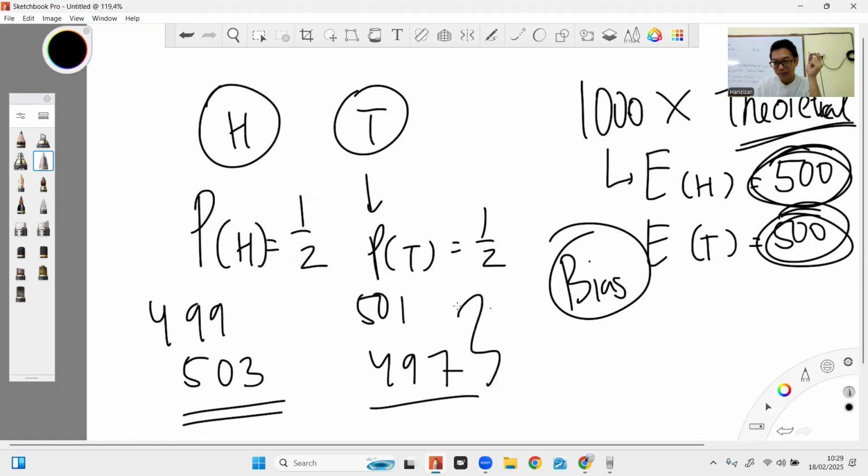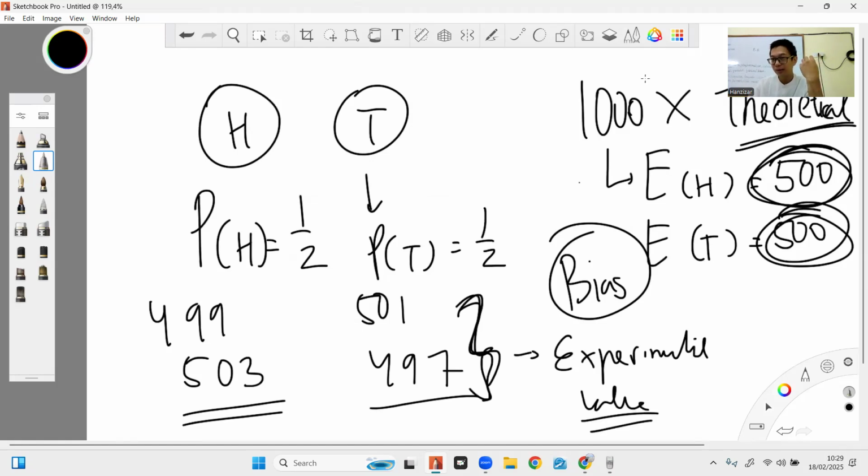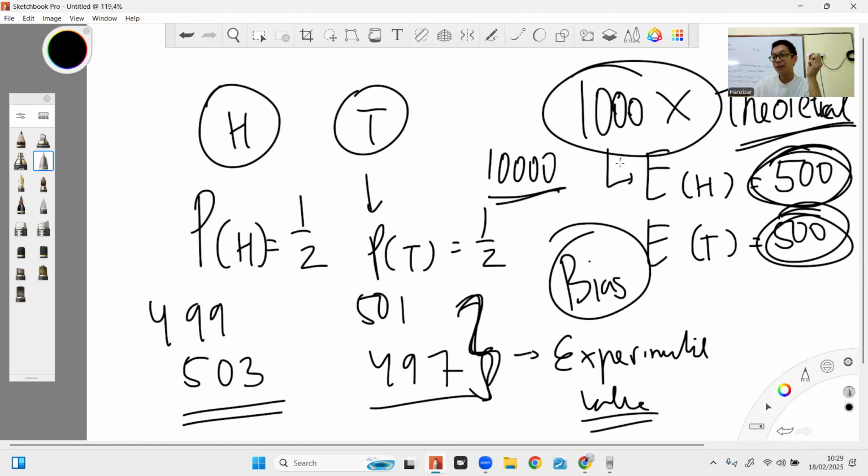The second, with the random number but near to the theoretical value, is called an experimental value. But the more you do, if I increase the total tossing times to 10,000, the probability will get nearer to 0.5. Make sense?